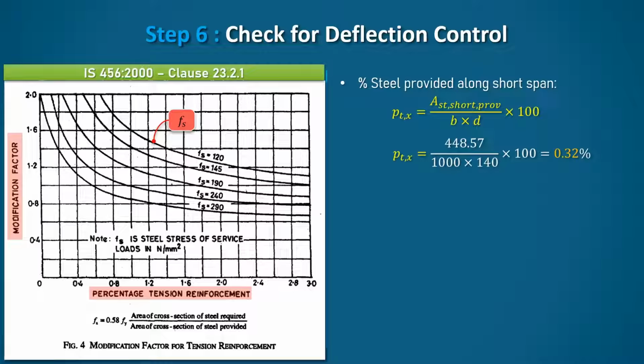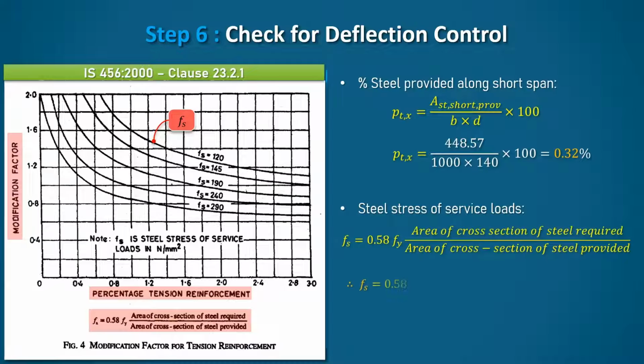Next, compute the value of steel stress at service load Fs from the formula given in figure number 4. After putting all these values in the equation, we get Fs equal to 206.58 Newton per mm square. So, from the graph, the modification factor can be calculated as 1.75.